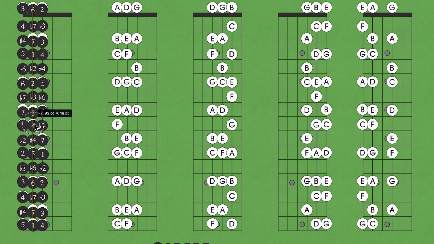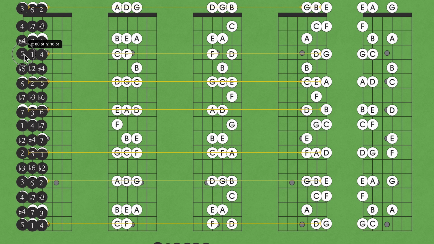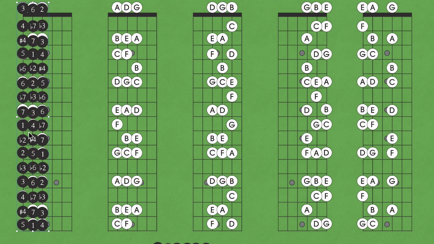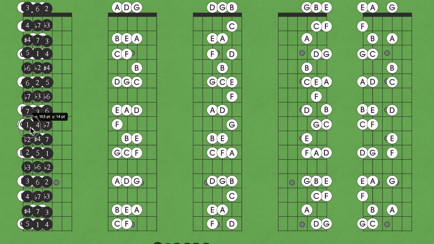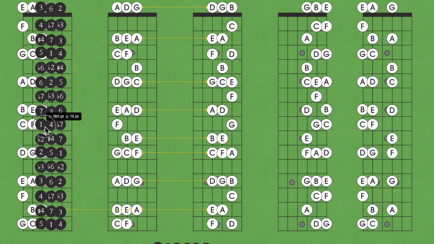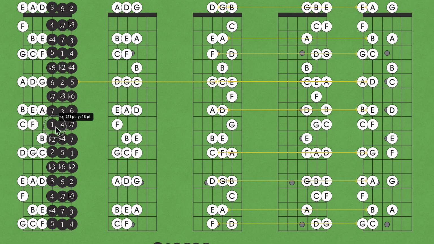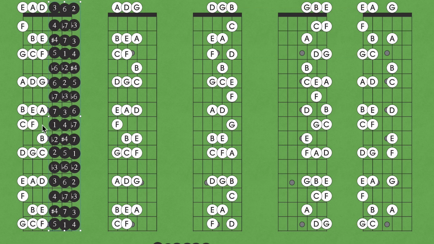So that could be a basis for building roots 1, 4, 1, 5, so to speak. If we look at the root C being the 1, we see that the pattern goes 1, 4, flatted 7, if there were a note here. So in each case, this would be a 1, 4, flat 7.